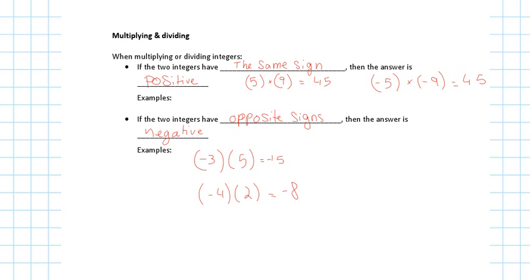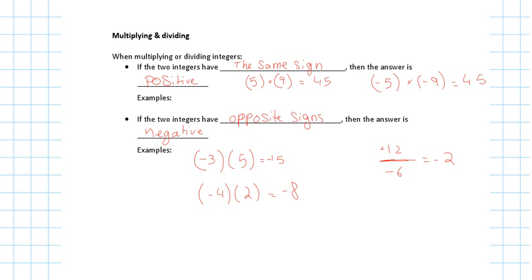So for example, if I have 12 divided by negative 6, I'm going to end up with negative 2, because I have a positive divided by a negative, so I'm going to end up with a negative.